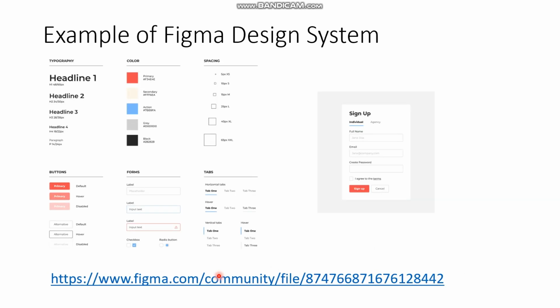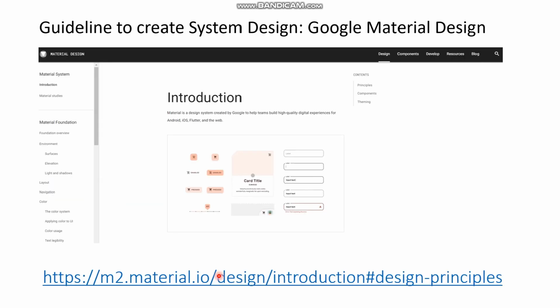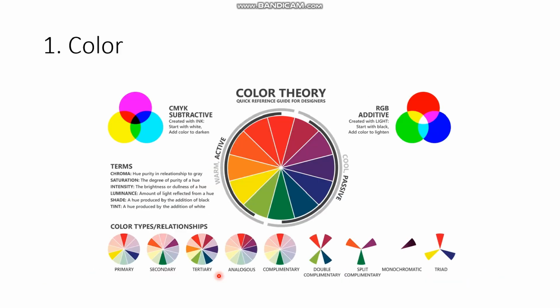Okay, so what are the components in a design system? There are many, but firstly, let's go to the first component, which is color. I believe you guys already know what color is. There are many color theories, and normally colors are divided into two types, warm colors and cold or cool colors.